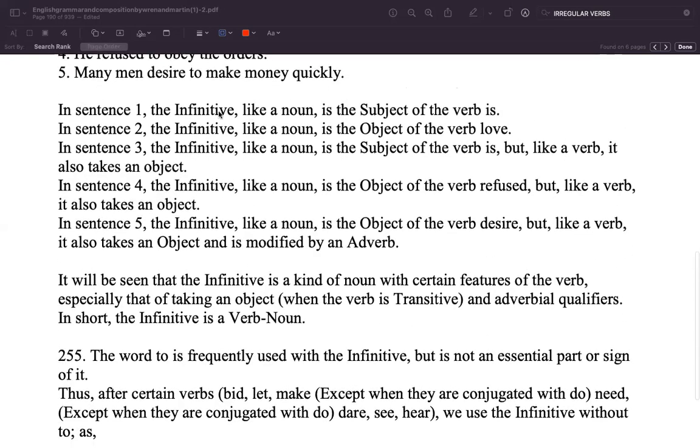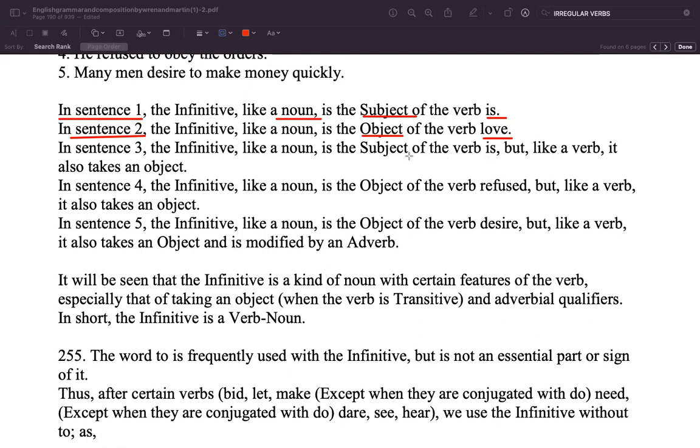Now look into it. It is clearly stated in sentence 1, the infinitive like a noun. In sentence 1, what do you find? The infinitive like a noun is the subject of the verb is. Which one is the subject of the verb is? To err. In sentence 2, the infinitive like a noun is the object of the verb love. So he loves to sing. "To sing" is the object of the verb. In sentence 3, the infinitive like a noun is the subject of the verb is.